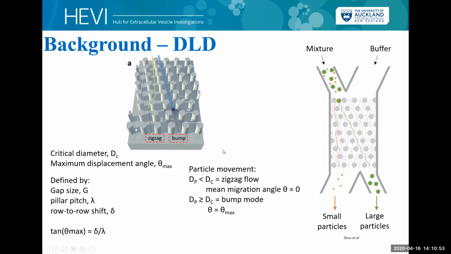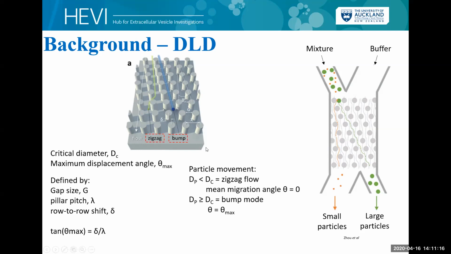and can then be sent out through a separate outlet port. And so there's sort of a maximum angle that you can pull off when you're separating particles this way. And that's defined by the gap size, so the distance between the pillars, the pillar pitch, and the row-to-row shift, which is basically the angle at which these rows of pillars move as you go through the channel.